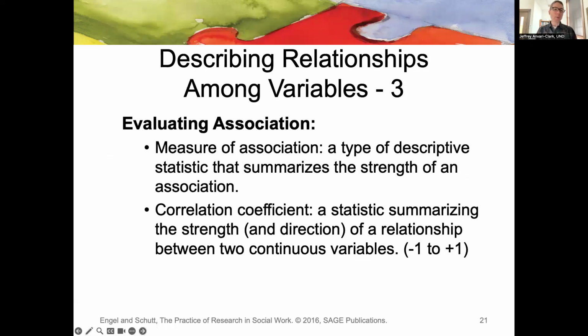And then, there are these measurements of association. This is a way of describing the strength of that association. So perhaps you remember hearing about correlation, a correlation coefficient. This is a statistic that can summarize both the strength and the direction.